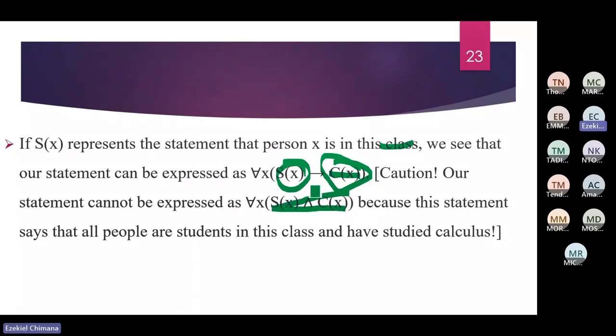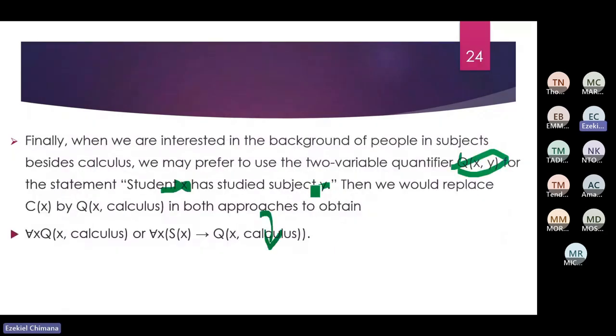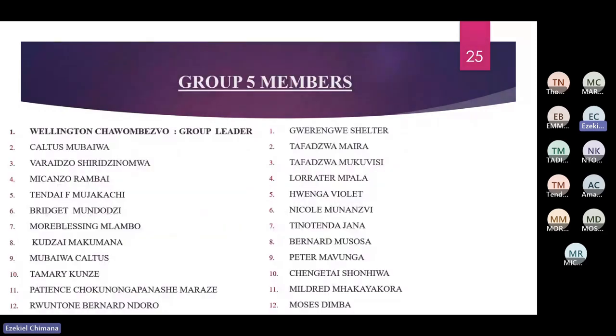And if you want to include the subject, you can use these two variables. For all students in that class, they have studied calculus. Or we can say if a person X is in this class, then that person studied calculus.